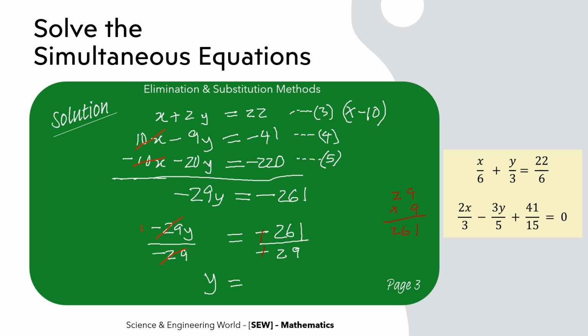So 261 divided by 29 is going to give us 9. So y is 9.